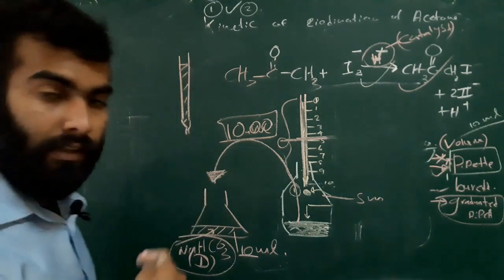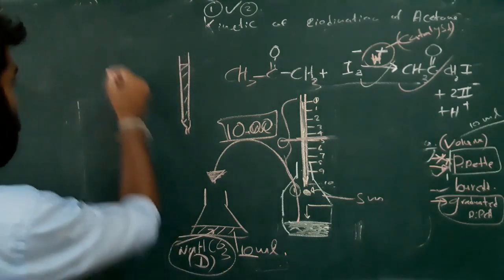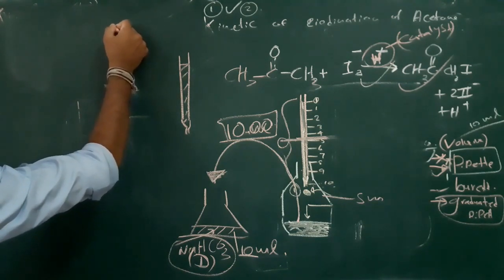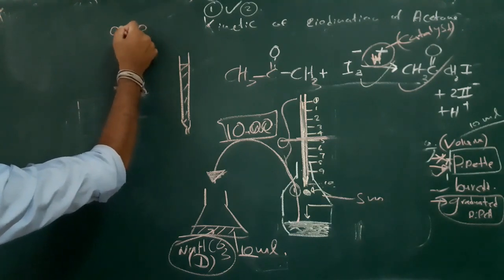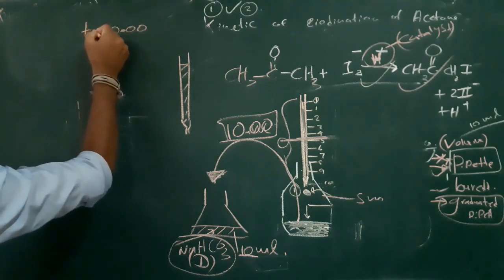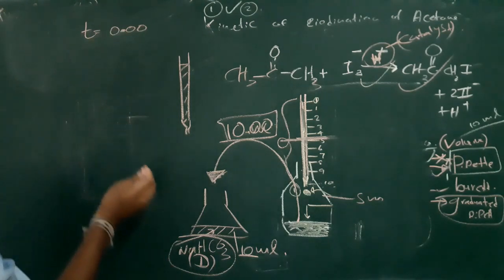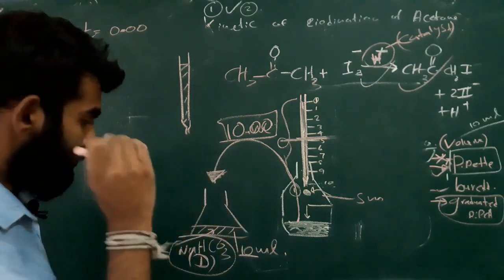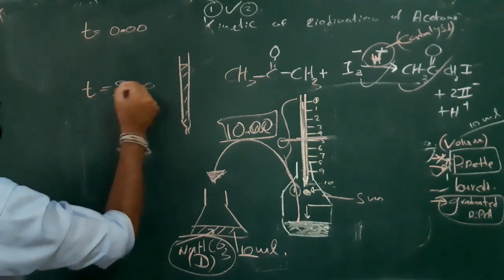Here also draining time is very important, because imagine we start our experiment at time 0.00. Now we have to stop the reaction at 5 minutes. So when t equals 5:00, we have to stop the reaction.